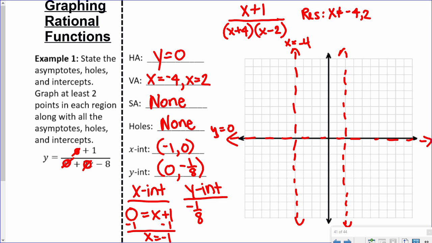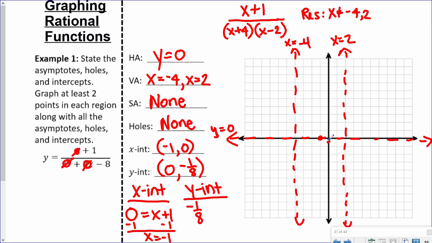Another vertical asymptote. No slant asymptotes. There aren't any holes that we need to put in. Graph your x-intercept at -1, 0. Now, we know that this is an asymptote, but it's not an asymptote for every part of the problem. And so you'll kind of see when we see the graph in just a second. So -1, 0 is your x-intercept, and then 0, -1/8, about right there.